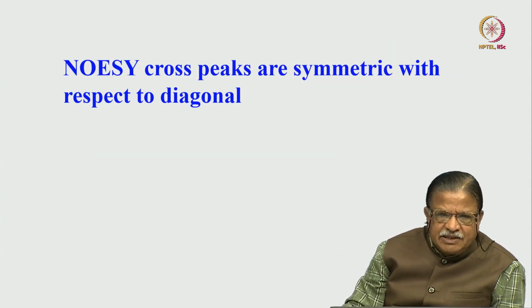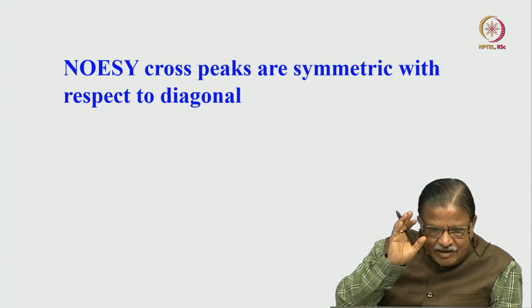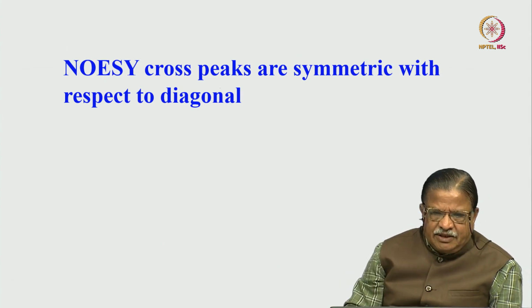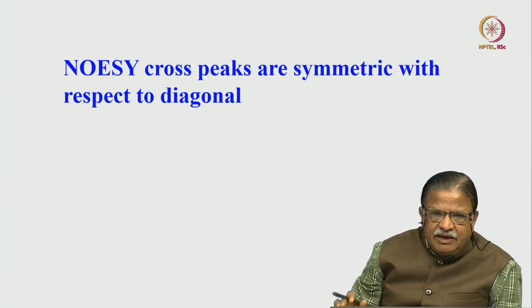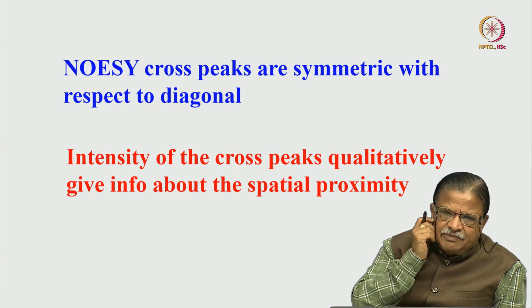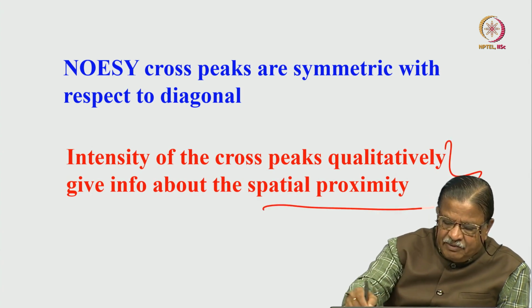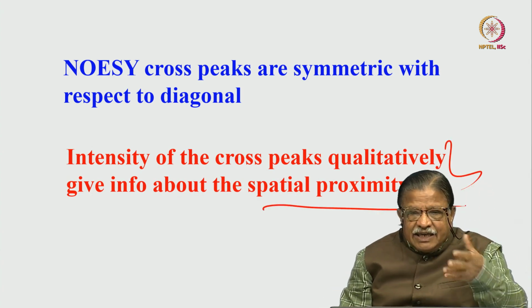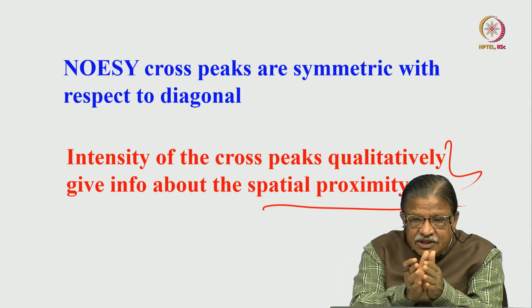NOESY cross peaks are symmetric with respect to the diagonal, similar to COSY and TOCSY. The intensity of the cross peaks qualitatively gives you information about spatial proximity. The higher the intensity, the closer they are in space.